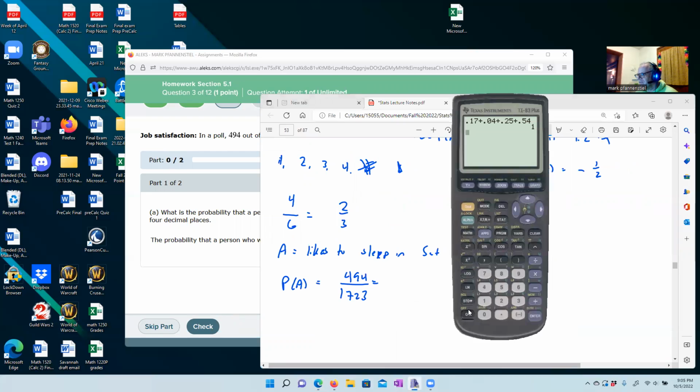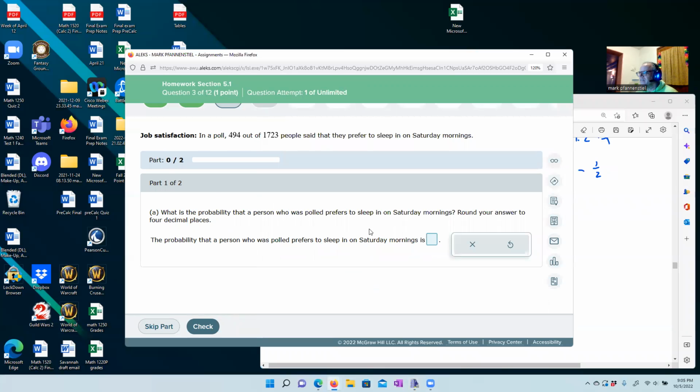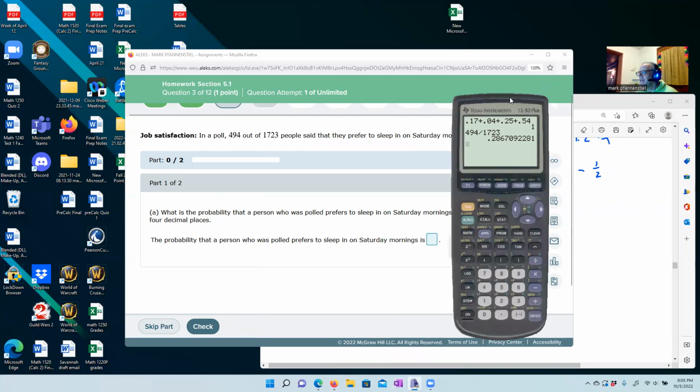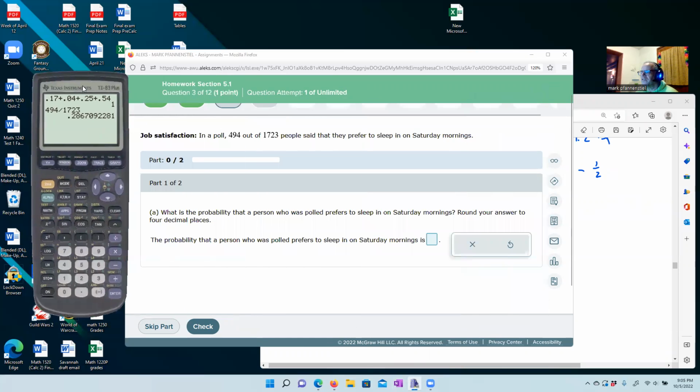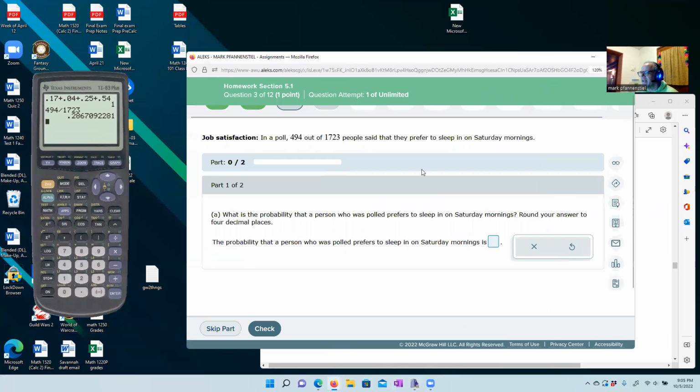Let's say something clever like 494 divided by 1,723. And because they want us to round the answer to 4 decimal places, that's what we're going to do. Okay, so we're just going to move this off to the side here.